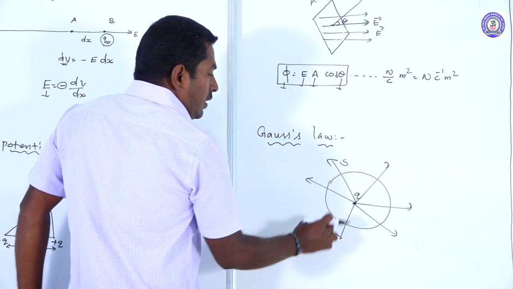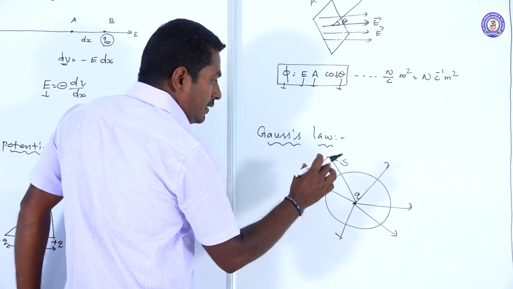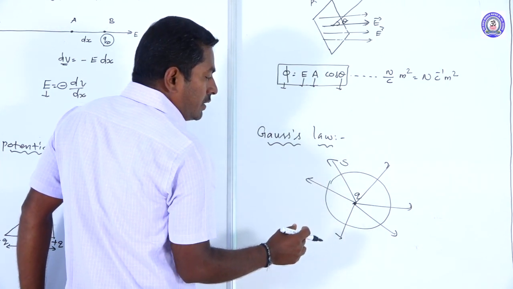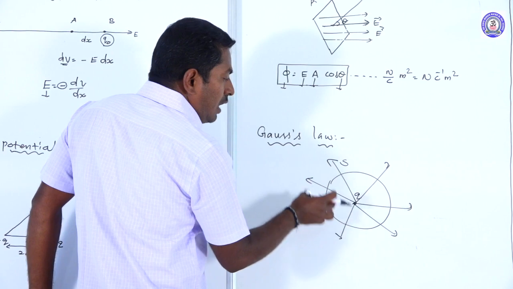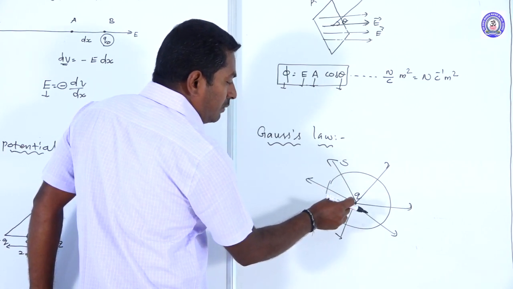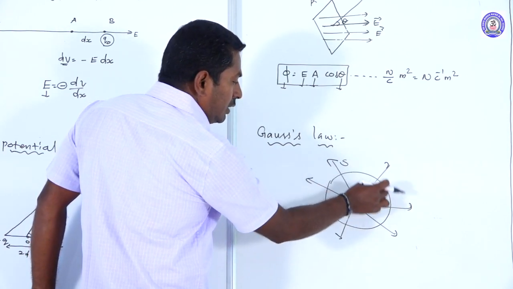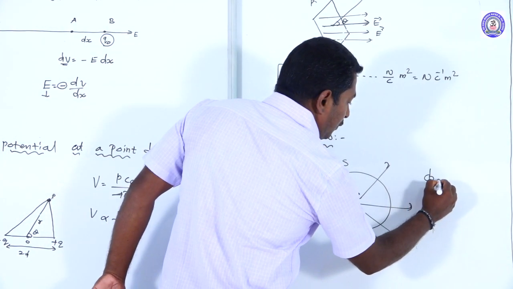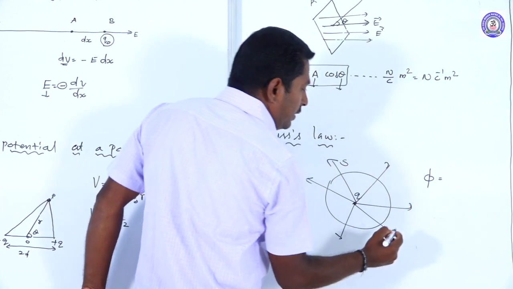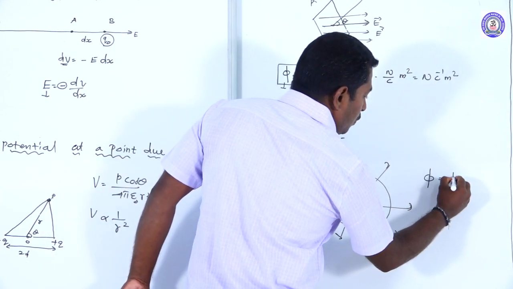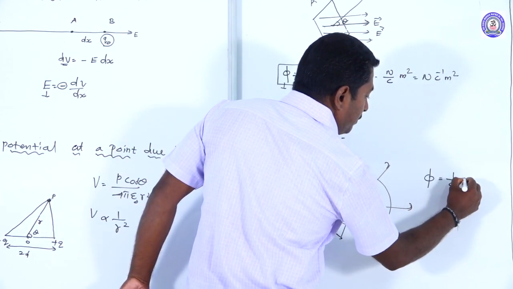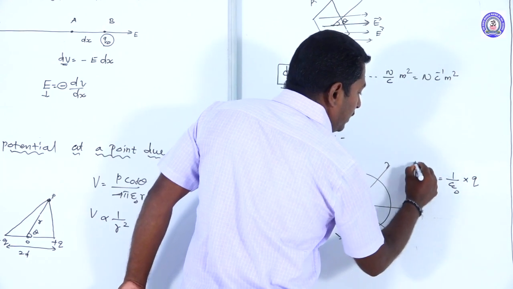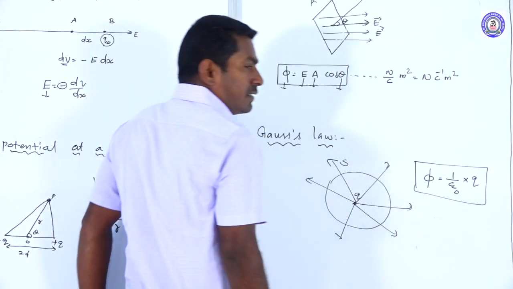So Gauss's law gives us the information about the magnitude of electric flux originating from the point charge enclosed by the closed surface S. The electric flux Phi is equal to 1 divided by epsilon times the net charge enclosed by the closed surface. This is Gauss's law.